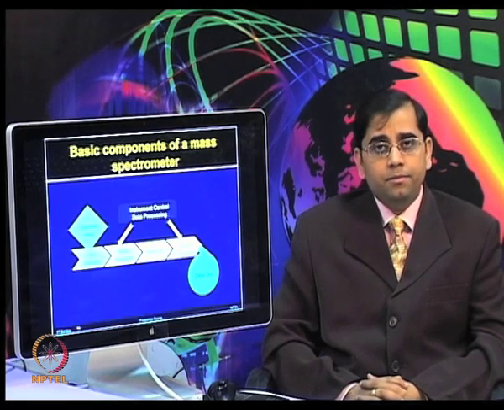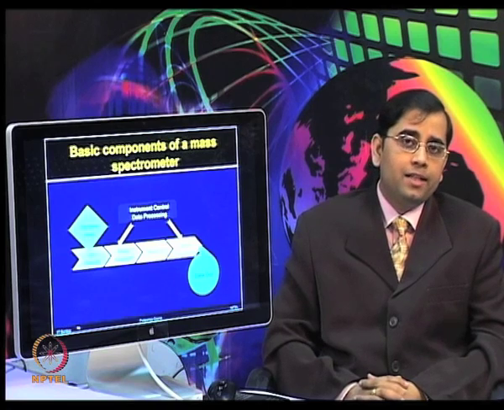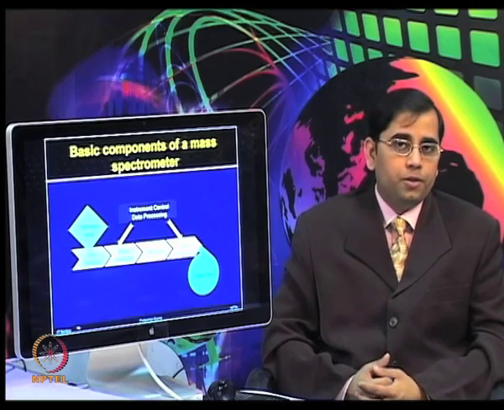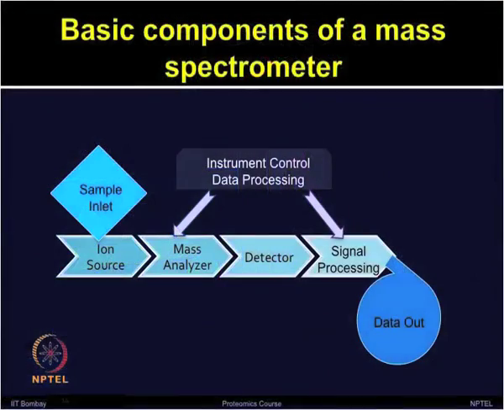The data system records, processes, stores, and helps to display the data output. So, although there are three major components involved, the ionization source, mass analyzer and detector, there are some accessory components which are also equally important for doing mass spectrometry-based experiments.